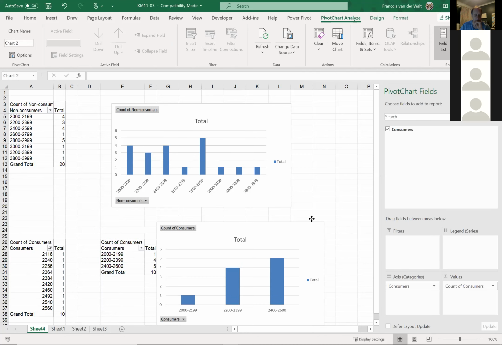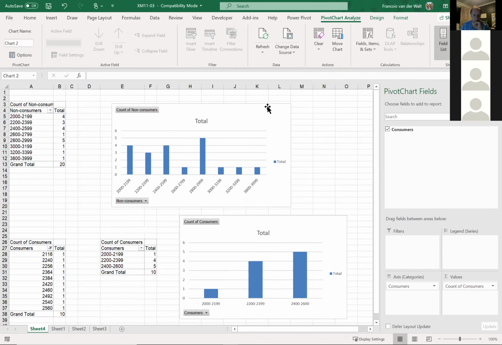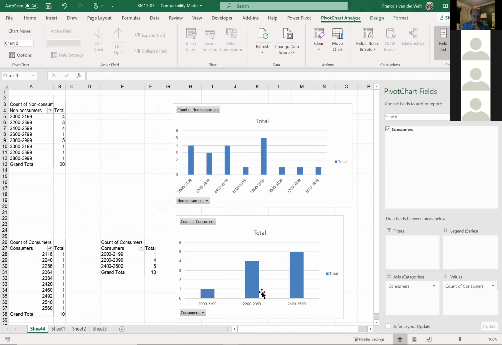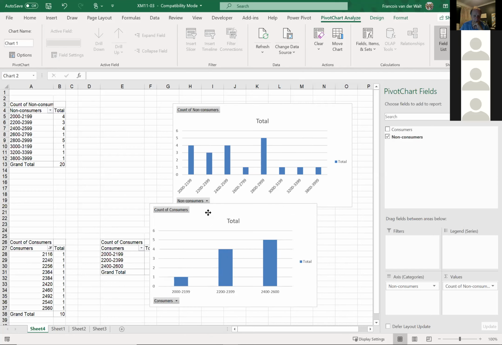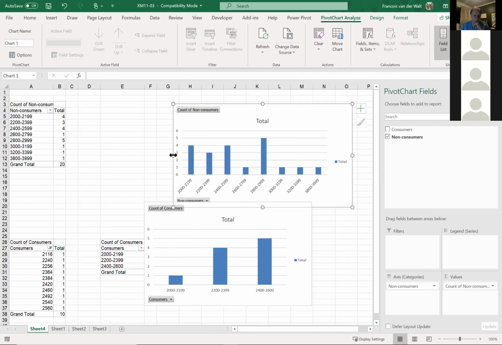The reason I'm doing this is to show you how two populations compare with each other. Can you see that this one needs to be much wider?